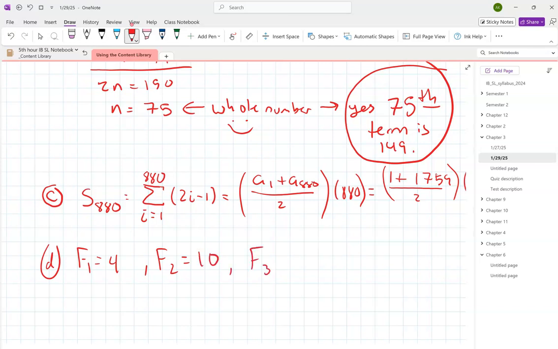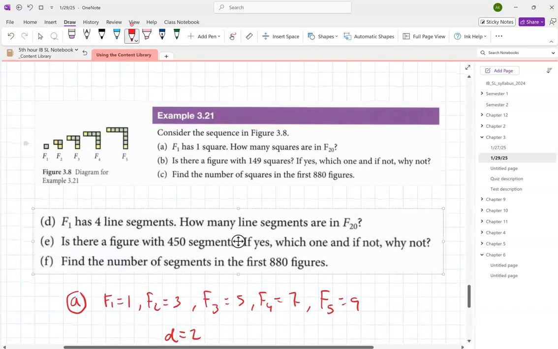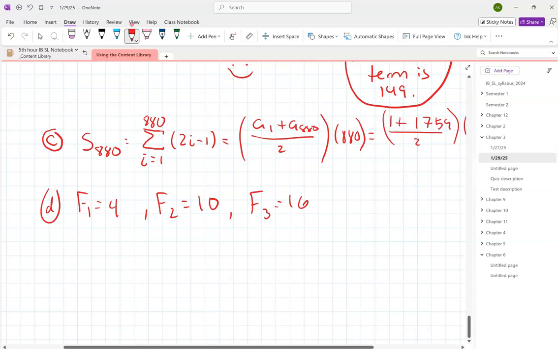If I do F3, I still have the 10 from before, and I add 1, 2, 3, 4, 5, 6, so 16. And at this point, it's pretty clear that I'm just adding 6 each time.